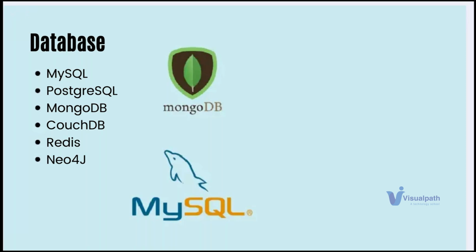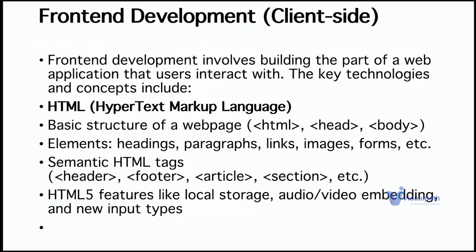In a typical development cycle, front end development is the client side. Front end development involves building the part of the web application that the user interacts with. The key technologies and concepts include HTML, which is hypertext markup language.